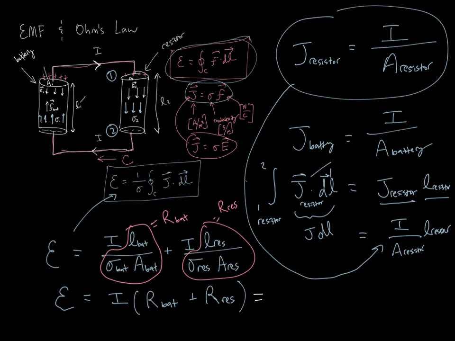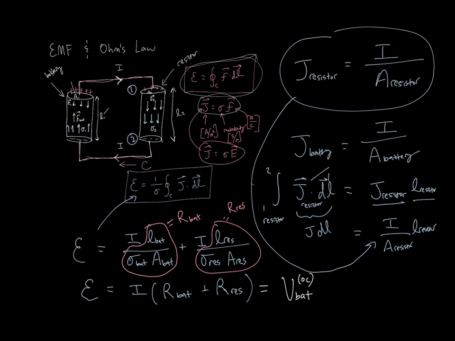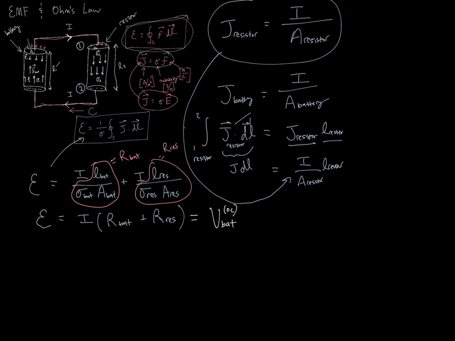So we can write this as equal to V_BAT, and we'll put a little superscript OC to remember that we're talking about the open circuited voltage across the battery. And so we want to model this with a circuit, right?